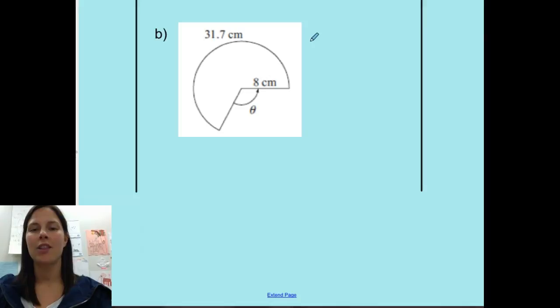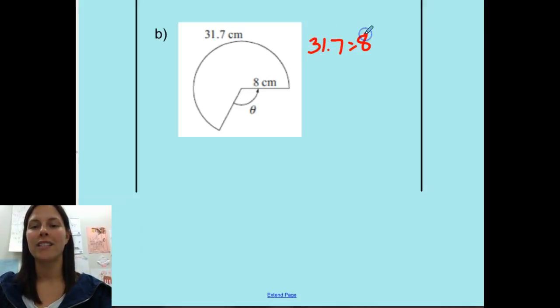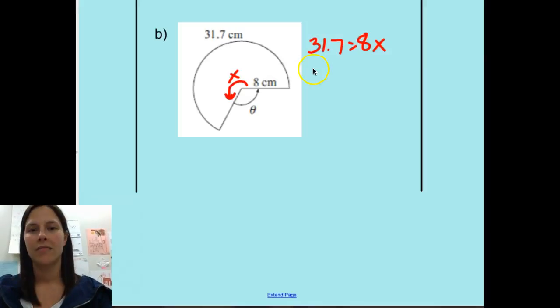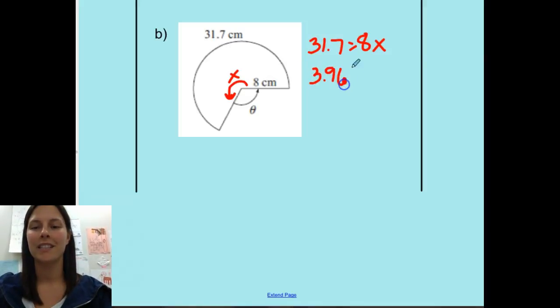We still set that 31.7 equal to the radius times, and I'll just call it x, which would be this angle, so as not to confuse it with the actual angle that we need to solve for. Dividing both sides by 8, we get 3.9625 for the angle of rotation that is inside the arc, but we need what's not included.